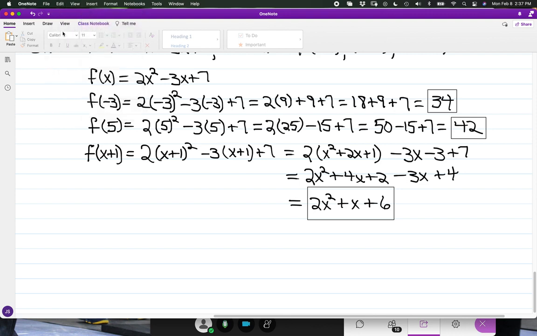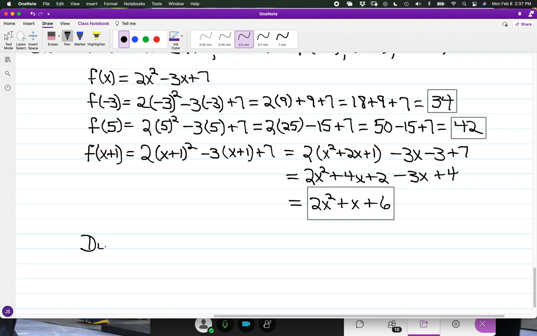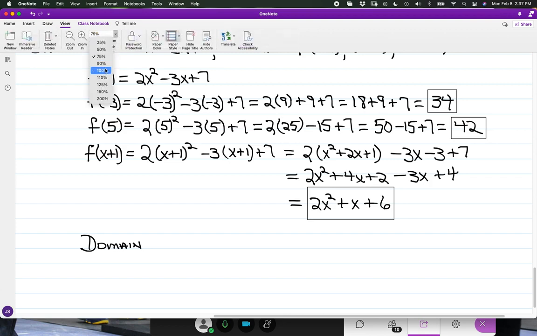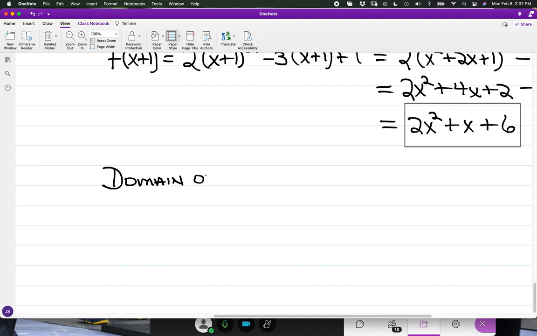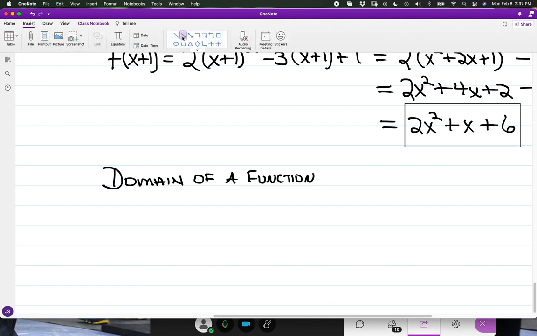And just for what we have in the case of taking what we have for domain, okay, and we have for the domain of a function.